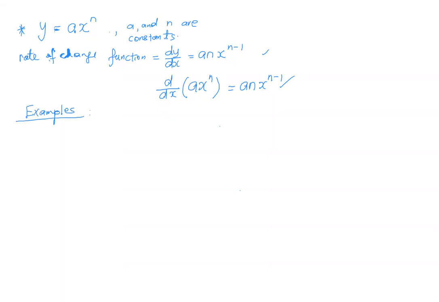Okay, A. I give you f(x) equal to 3 minus 2x plus 7x squared. So there are 3 terms there, correct? So if I want to find the derivative function, I put f prime x.